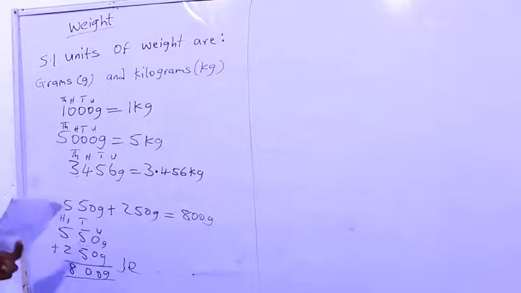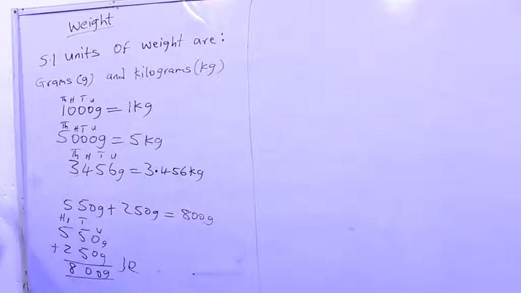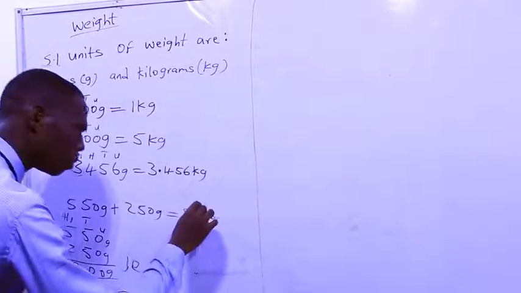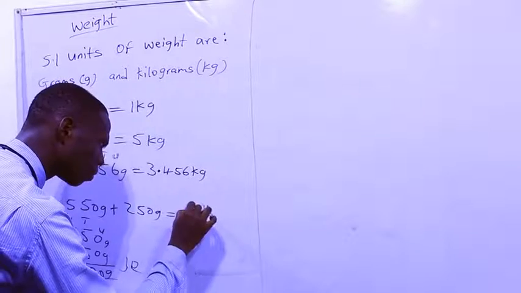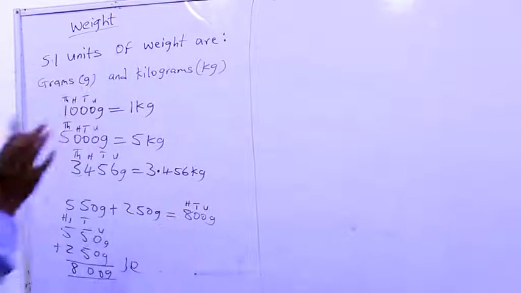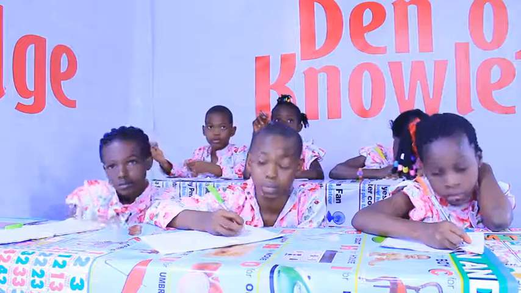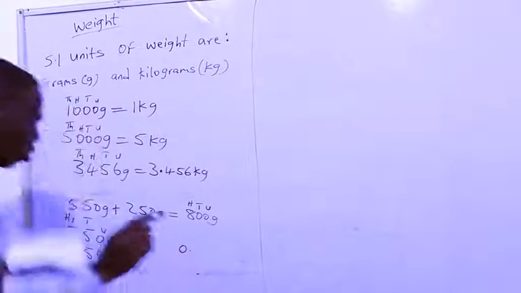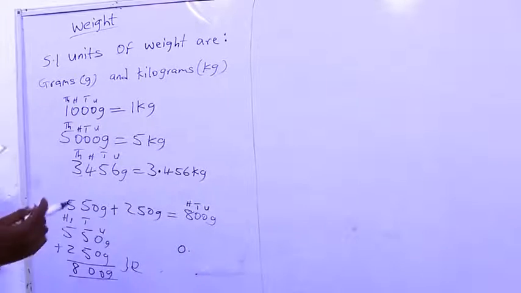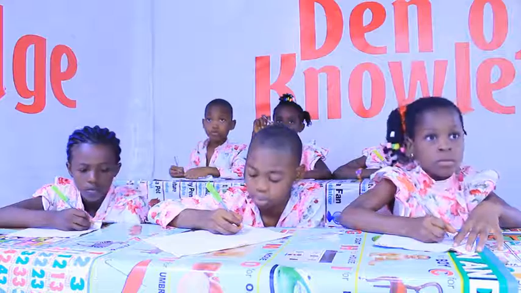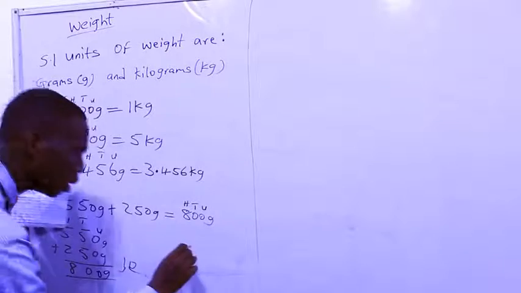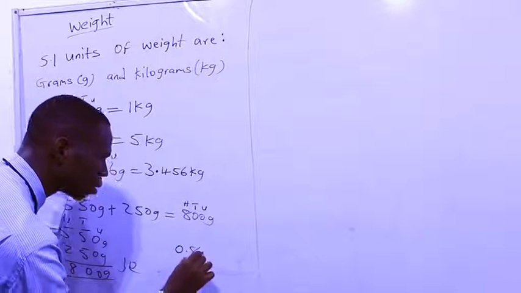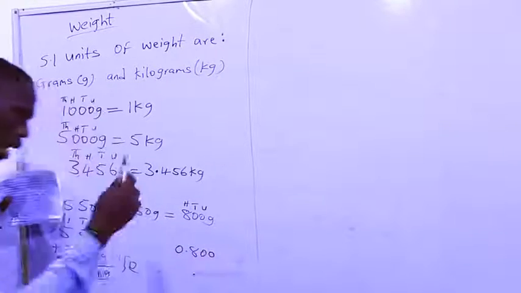Can we convert this to kilograms? It's not up to kilograms because in place value we have units, tens, hundreds. None of them is up to thousand. So if I'm to convert it, I will say 0 point. Why will I put 0? Because none is up to thousand. Then you can put 8. You can add 0 if you like.